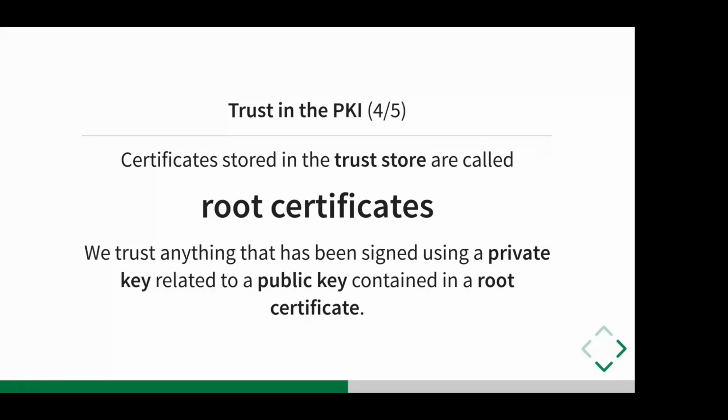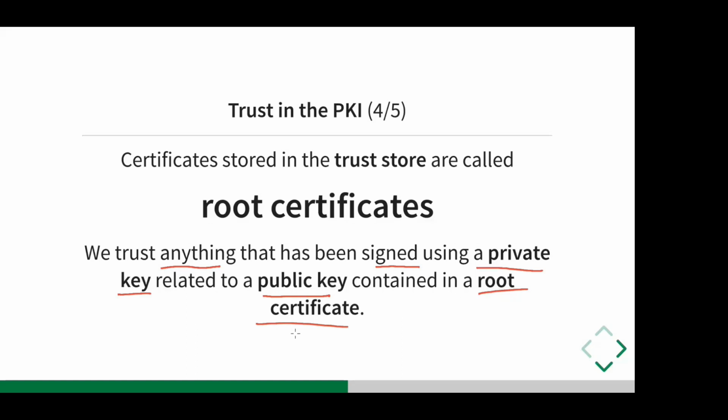But we also go a step further and we say, okay, we trust the root certificates directly, and also we trust anything that has been signed using a private key related to a public key contained in a root certificate. So this is like a bunch of words.